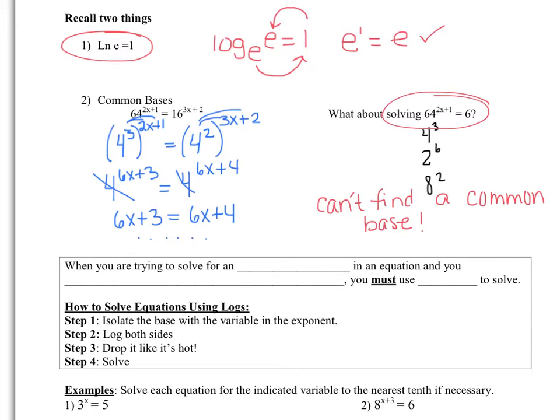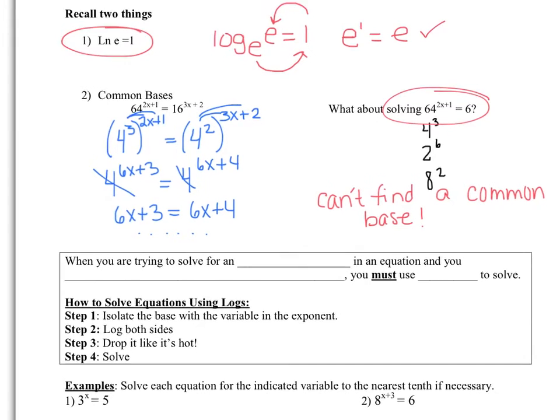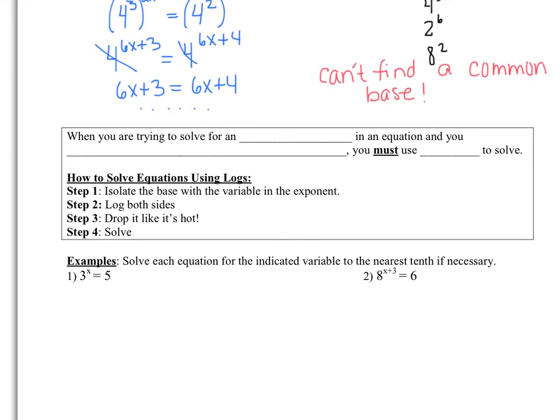Alright, so let's fill in the blanks down here. When you are trying to solve for an exponent in an equation and you can't find a common base, you must use logs to solve.